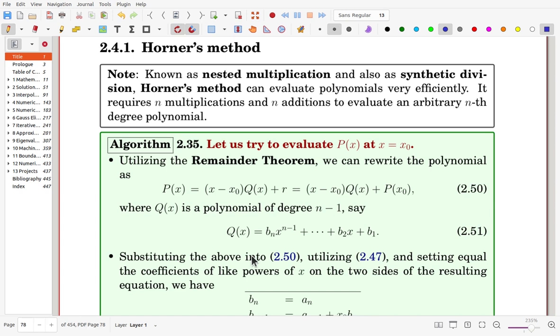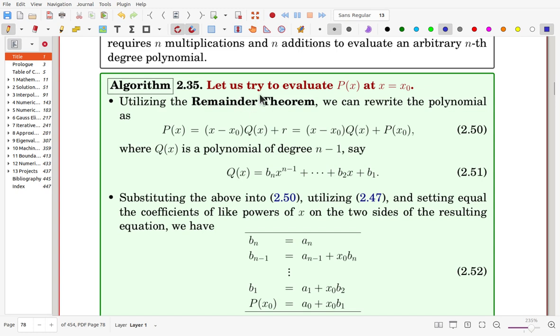It requires only n multiplications and n additions to evaluate an arbitrary nth degree polynomial. It's quite efficient. Here is the algorithm.